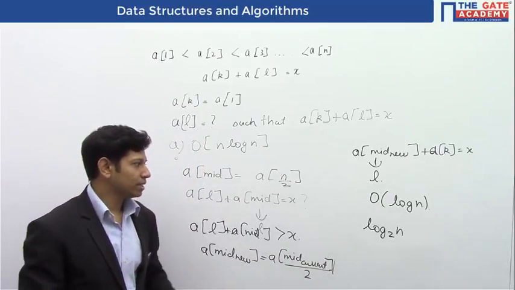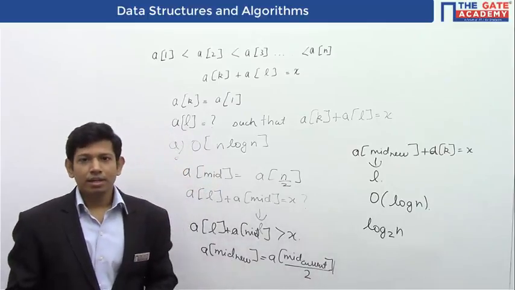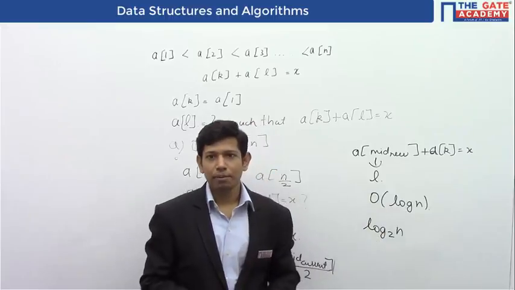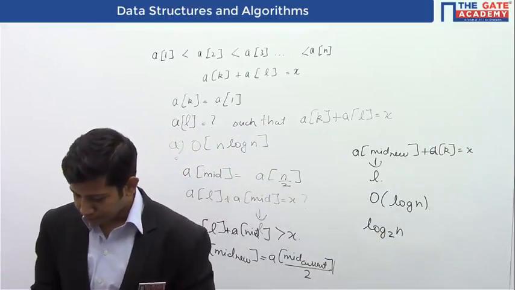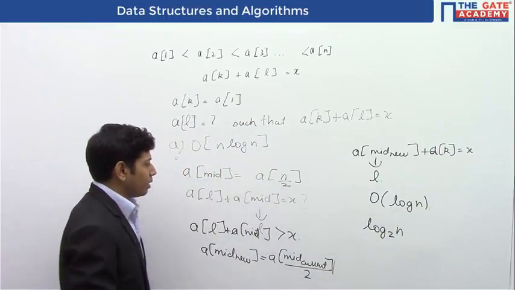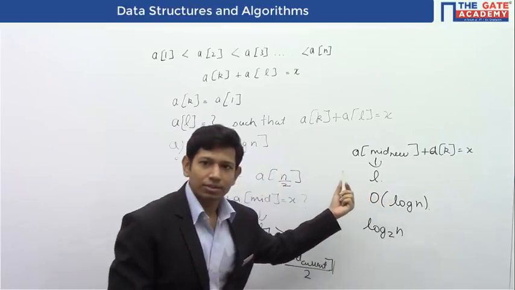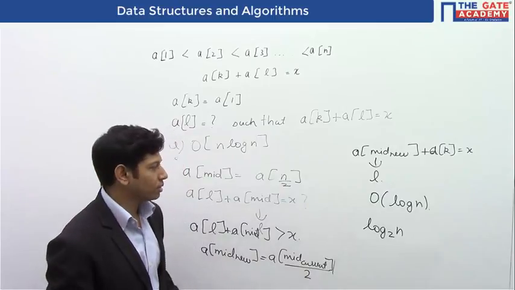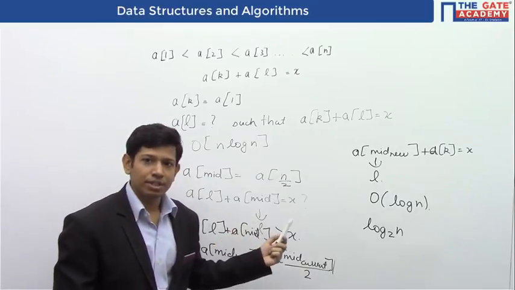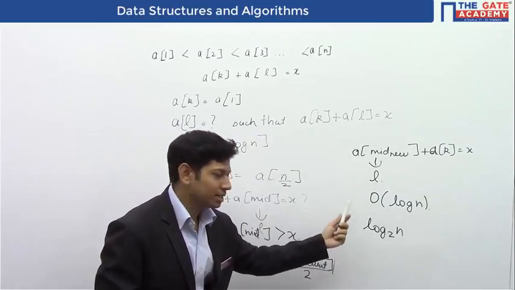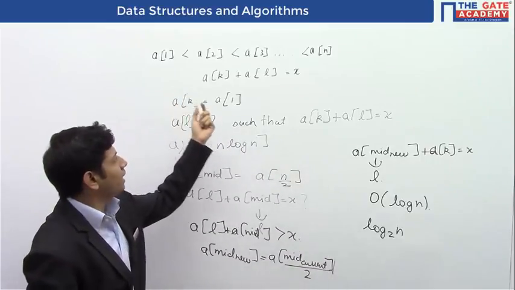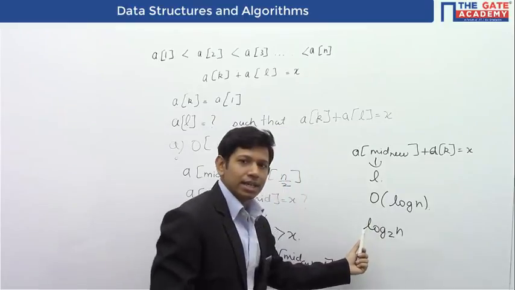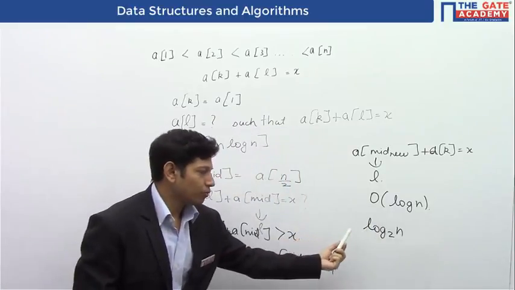Now once we have this log n division cost, we need to see how much the conquer cost and combine cost are. If this division has not resulted in the correct answer, then we have to see what to do next. Since there are n numbers, we have to divide each time, and each time we divide, we get a cost of log n.